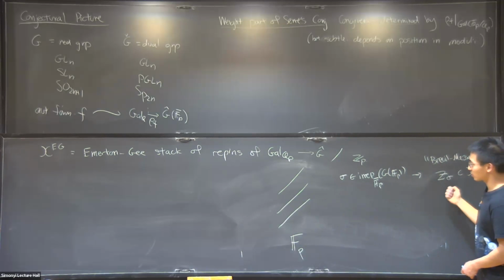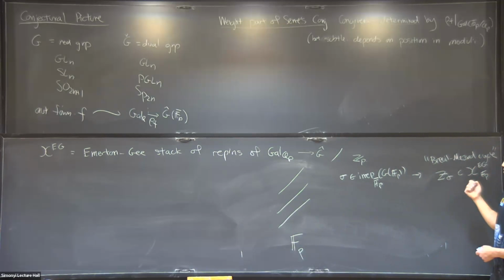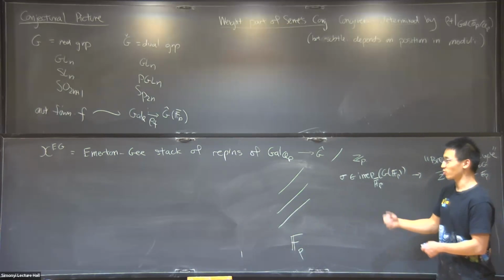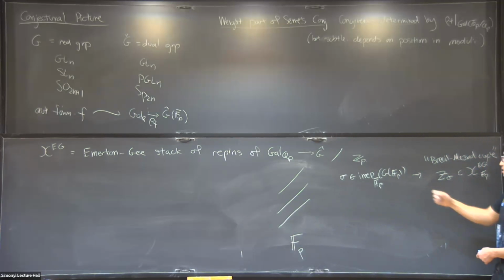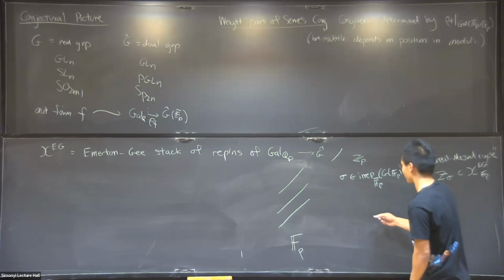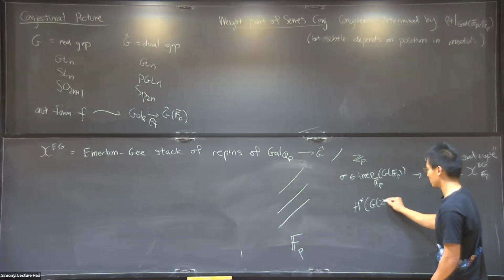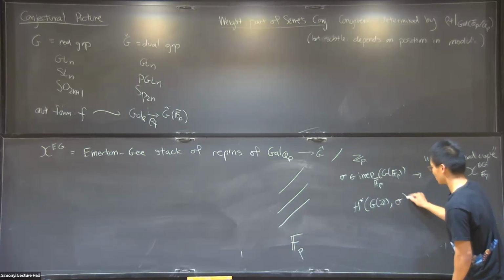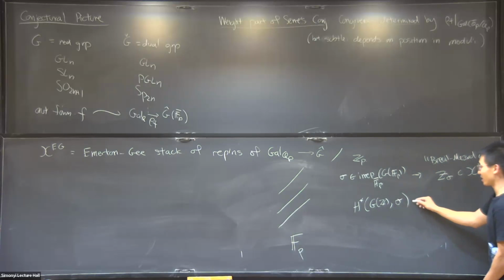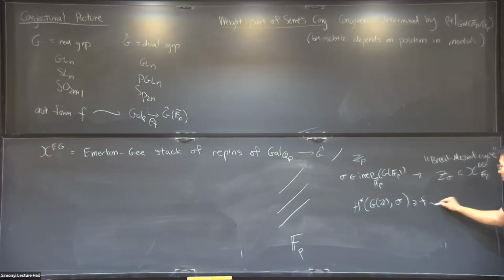And it's supposed to control the possible local Galois representations that come from automorphic forms in weight sigma. So for example, if you had homology of the symmetric space with coefficients in sigma, and you took an automorphic form here, a Hecke eigenform, then its local Galois representation should land inside this Breuil-Mezard cycle.